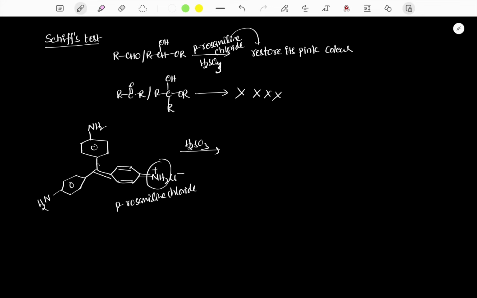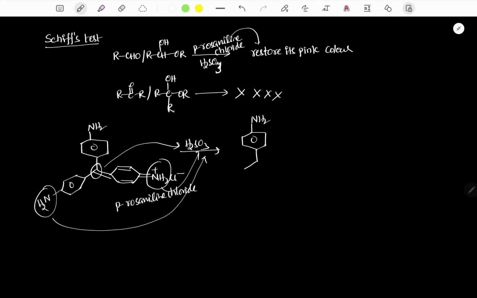This nitrogen and this carbon, and this nitrogen, these three react with the corresponding sulfur, and finally it gives the corresponding NH SO2H, sorry, SO2H, not SO3H. Here SO2H and here SO3H, and here NHSO2H.